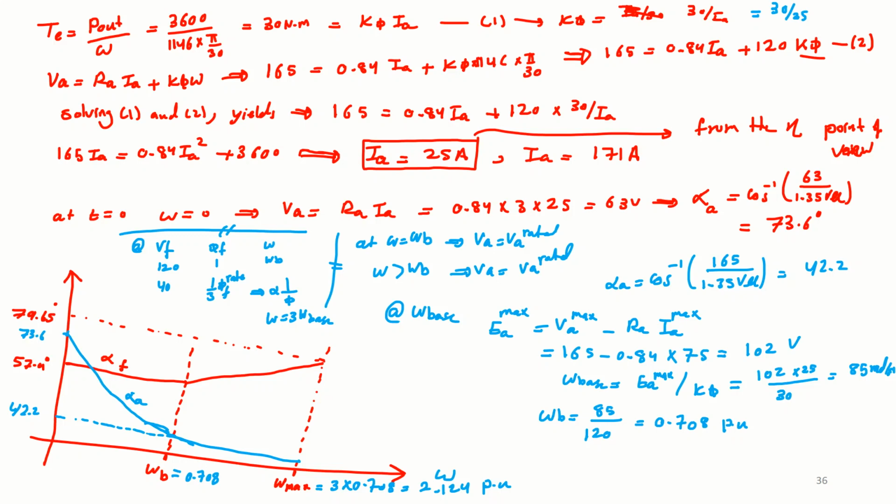Also here we have two solutions for the current, IA equal 25 or IA equal to 171. We selected the one which fulfills the efficiency requirement, from the viewpoint of the efficiency. Thank you, and see you in the next lecture.